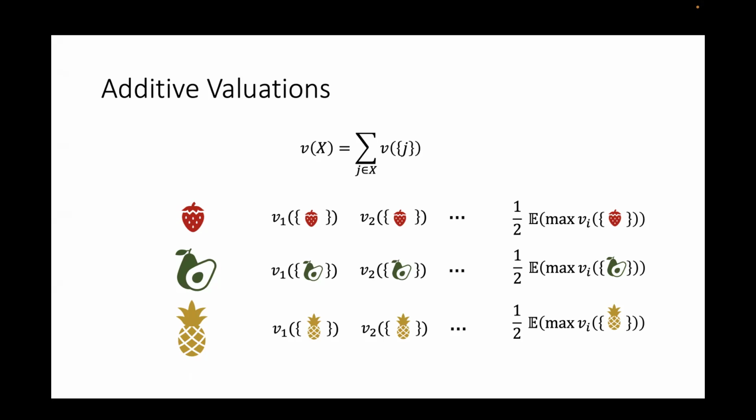I just take the valuations to be the value for the one item. In each item, I get half of the expected maximum. I sum over the items and just get half in the entire instance. But I want to go beyond this additive world.